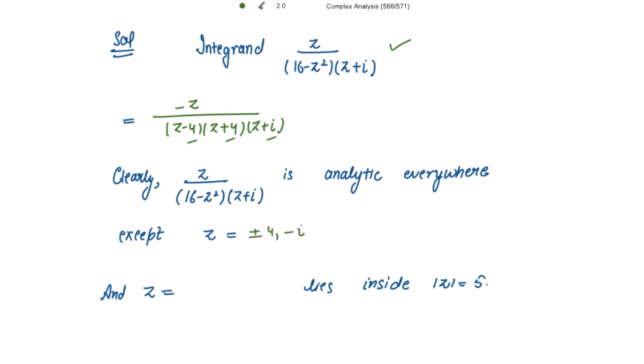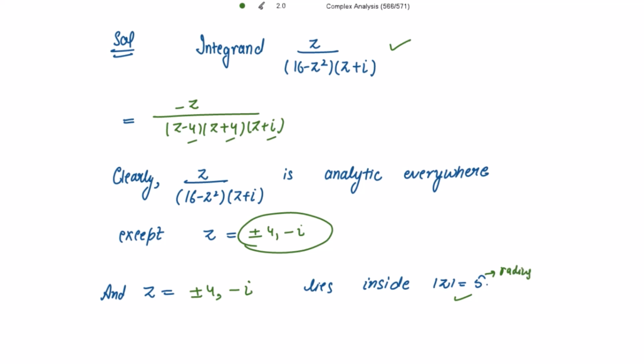Except these points, this integrand is analytic everywhere inside the circle. Which points lie inside the circle? All the points are lying inside the circle. So z = ±4 and −i lie inside |z| = 5. The circle has radius 5, so all these points lie inside the circle.